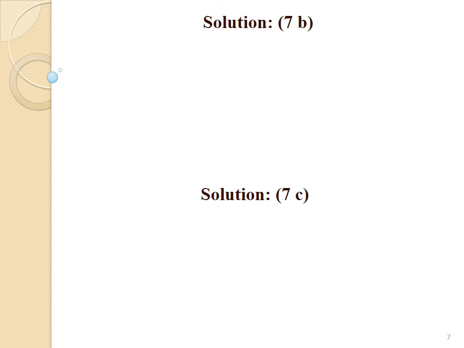Now, solution of sub-question B. Number of dots in a row equals 9. Number of rows equals 8.